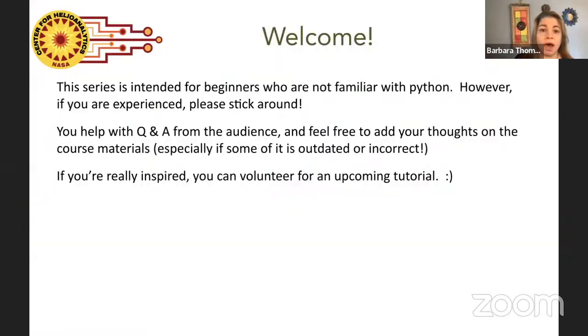This series is intended for beginners who are not really familiar with Python or are just getting started. However, I see a lot of experienced people in the participant list. Please stick around, especially those of you I recruited to help answer questions.